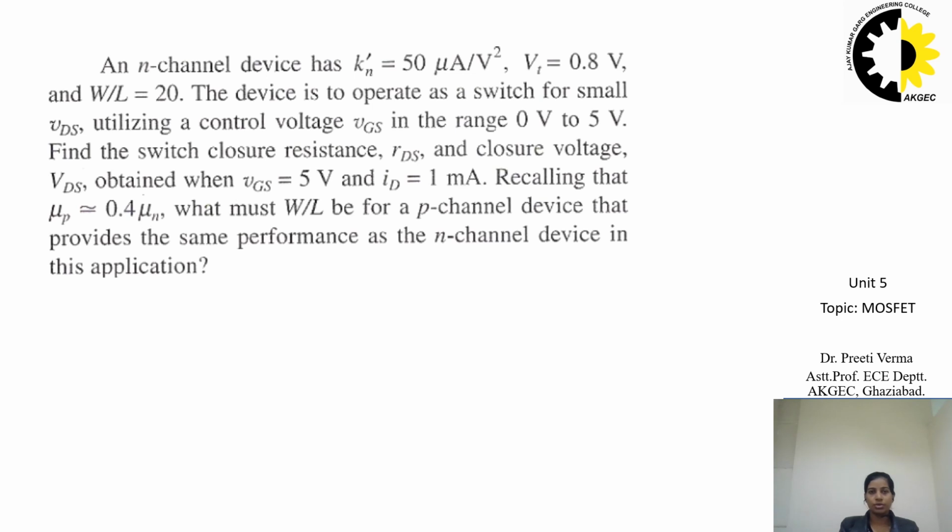Find the switch closure resistance RDS and closure voltage VDS obtained when VGS is equal to 5 volts and ID is equal to 1 milliampere. Recalling that mu p is nearly equal to 0.4 mu n, what must W by L be for a p-channel device that provides the same performance as the n-channel device in this application?